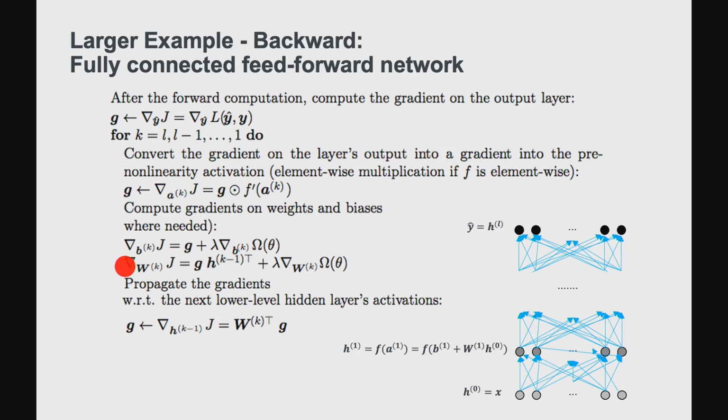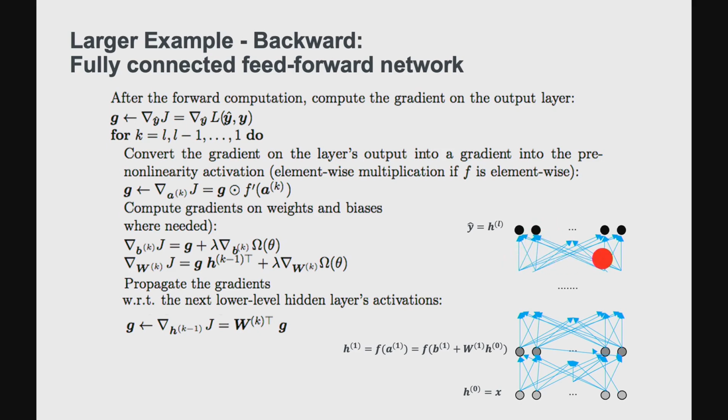And for the update of the weight matrix, this of course is influenced by the values on the previous layer times the gradient, and again plus some regularization. The bias node is not influenced by any previous layer, but the weight matrix is influenced by the previous layer. And then one has to propagate the gradient one layer down.